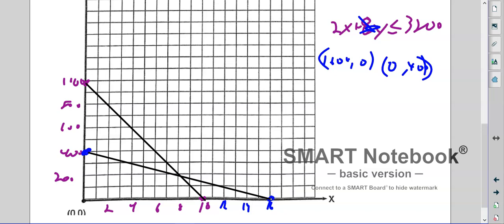All right. So if I shade, since they're both less than, it's going to end up being underneath this line and underneath this line. So where's the overlap? The overlap is here, here, here, and here.